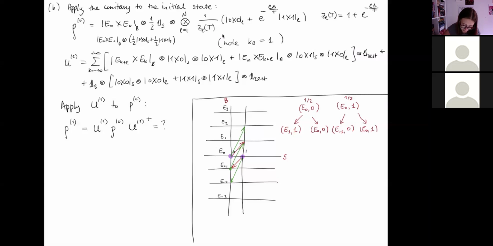Yes, and also we can go from this E1, 1 back to E minus 1, 0. So these are essentially the steps that we can make during the second application, and so on and so on, and in the end, up to n steps, you would get some probability distribution.